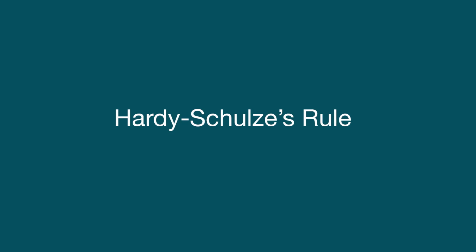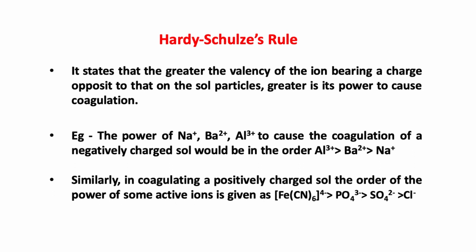Next is Hardy-Schulze rule. It states that the greater the valency of the ion bearing a charge opposite to that on the sol particles, greater is its power to cause coagulation. For example, the power of Na+, Ba2+, Al3+ to cause coagulation of a negatively charged sol would be in the order Al3+ > Ba2+ > Na+.